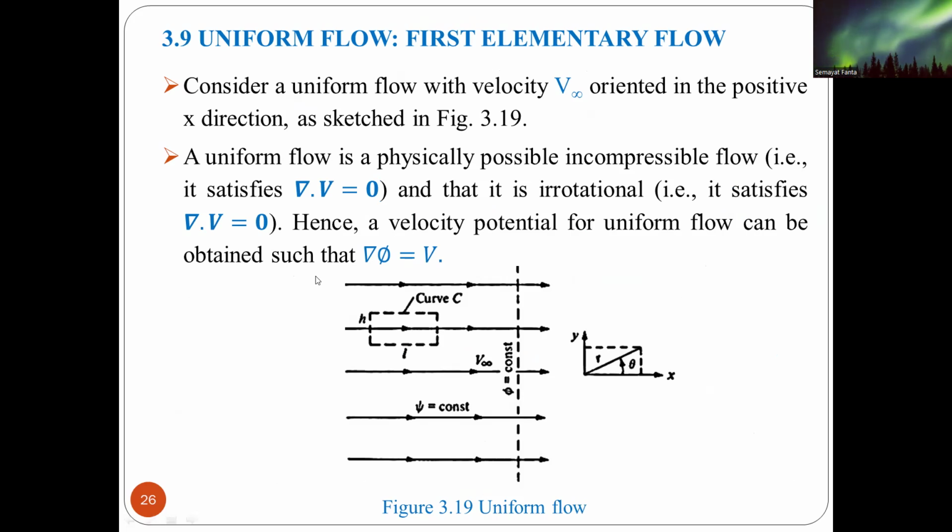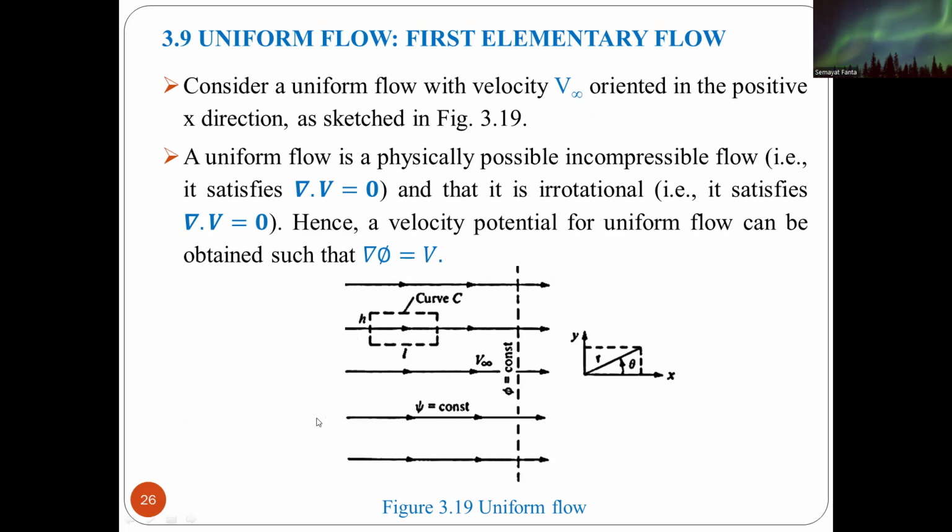As you see from the figure here, all the streamlines are moving in the forward direction. The arrow indicates forward. And on that, if you take some curve C with height h and length L, the flow is characterized by V equals V infinity.